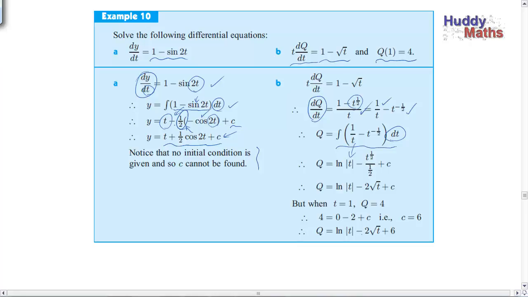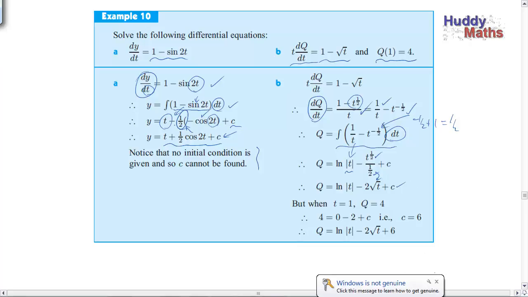Integral of 1 on t. What function differentiated gives 1 on t? It's ln mod t, and here increase the power by 1 divided by the new power. Just noticing negative a half increased by 1 is a half, and then we divide by a half. So dividing by a half becomes 2 out the front there, plus c.